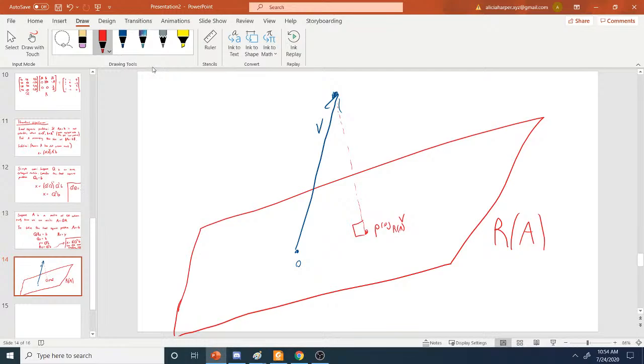And it turns out to be very, very easy to project a vector onto a space when you have an orthonormal basis for that space. Why? Here's what we know.